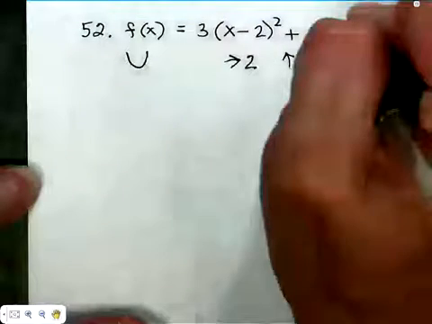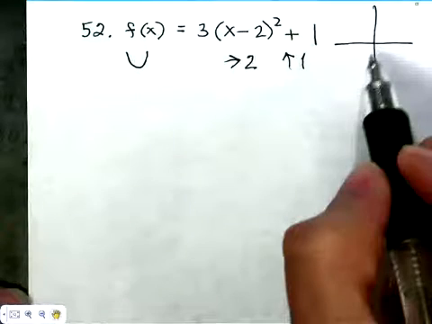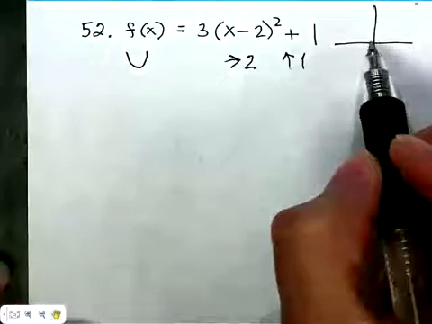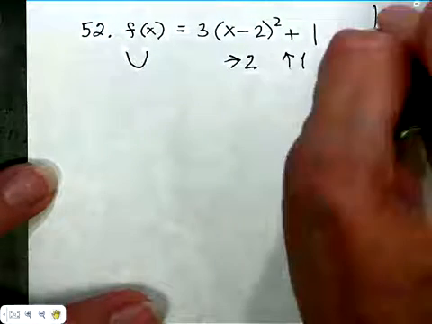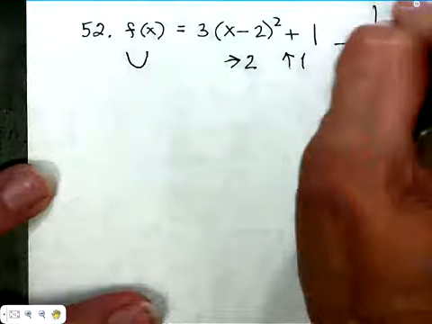So this vertex, which normally would have been at 0, 0, is now where? Over 2, up 1, right there.